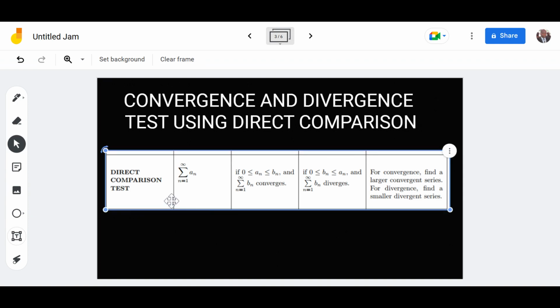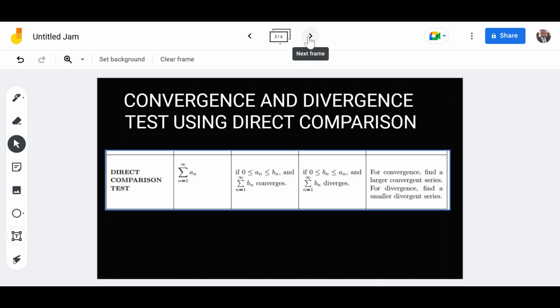So what you do is that you modify the given series in the form of either a geometric or a P series. Whether you choose a geometric or a P series will depend on your understanding of a GP and a P series.